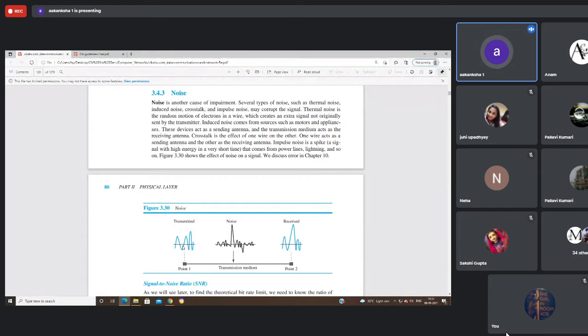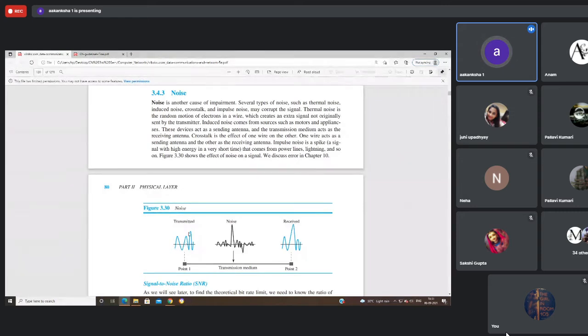So suppose a signal is being transmitted through the wire. This is the transmitted signal, but due to some electrical spike, there is a sudden surge or spike in the electrical signal. The power shoots up suddenly, it spikes, and your signal changes to something else. So the received signal will be distorted. Here the amplitude should be this much, but because of noise it has been interpreted as high amplitude.